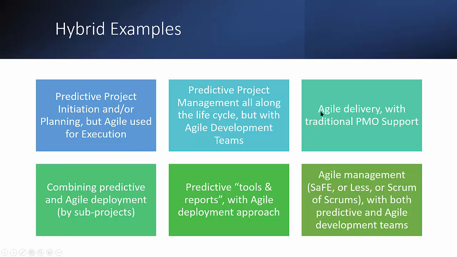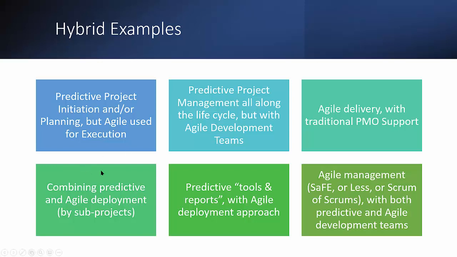Another approach could be that the whole work is being done in Agile, right? Maybe even in Agile at many different levels, but you have a project management office which backs up the Agile teams from the perspective of doing risk management, from the perspective of doing reporting towards upper management, for example.